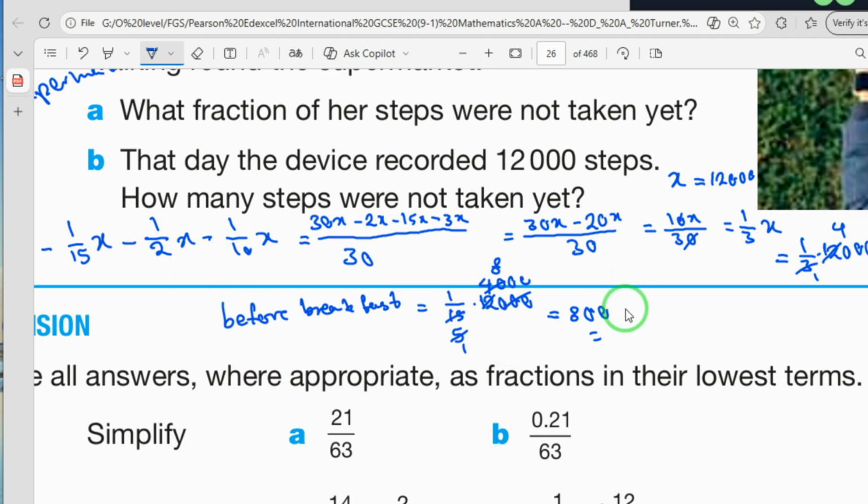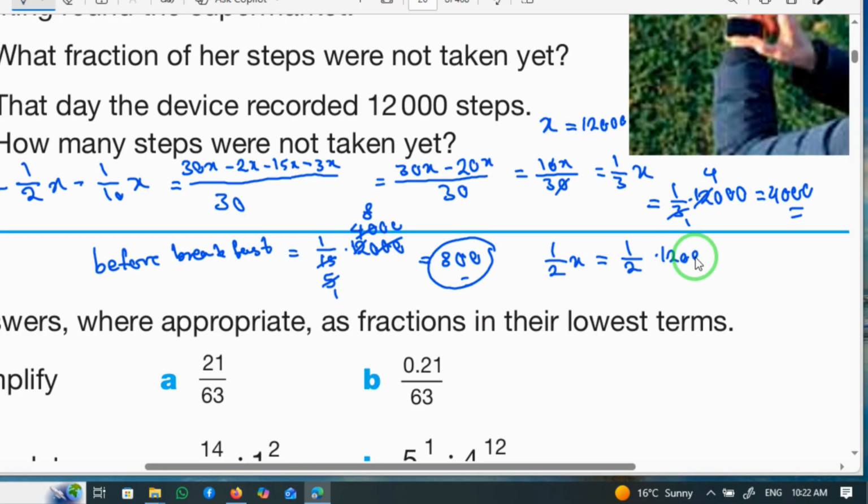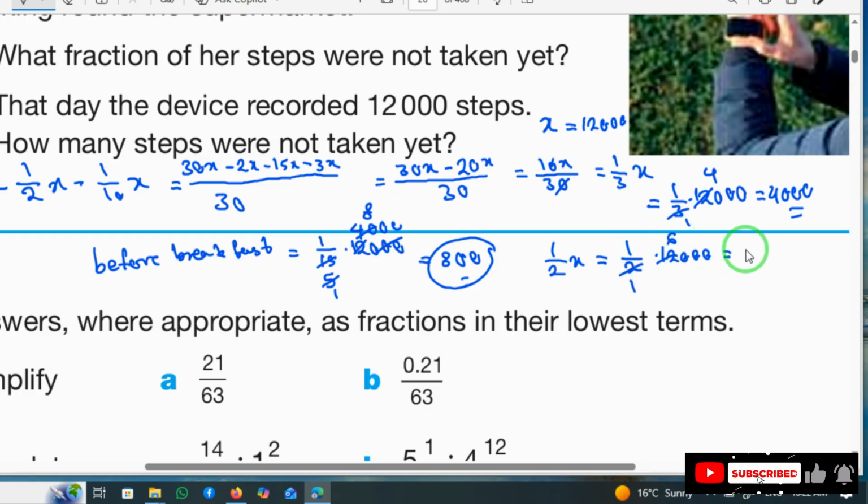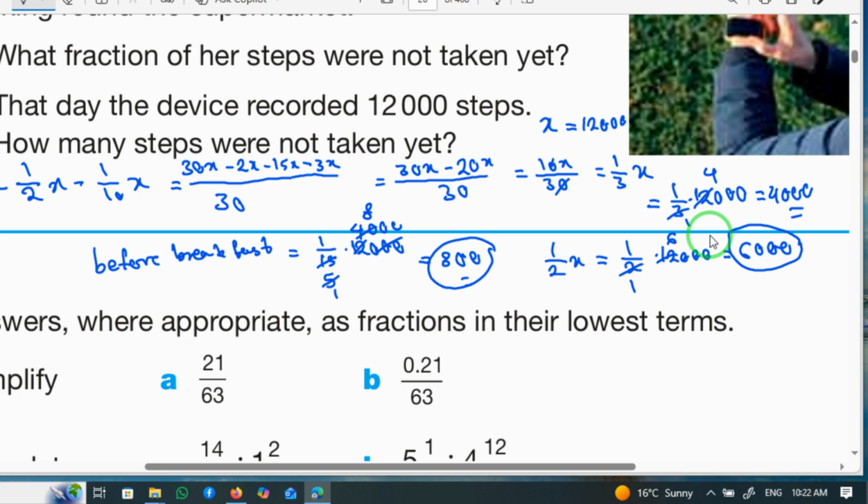Also we can count the number of steps to the town. We have 1 over 2 x. Now we put instead of x 12,000, and we simplify. 1 times 2 is 2, 6 times 2 is 12. It's equal to 6,000. It means 6,000 steps were taken on the way from her home to the town.